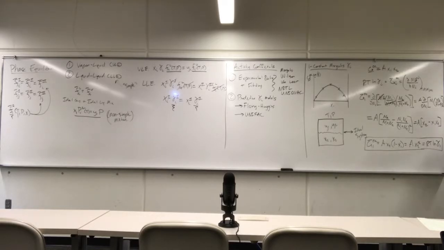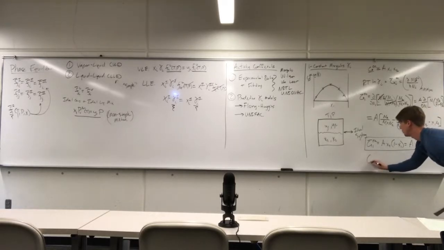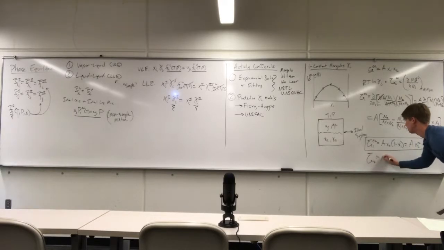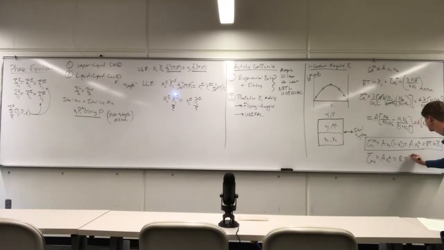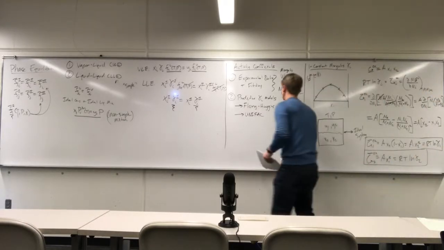And likewise, we can do exactly the same thing, but for component 2, everything is just mirrored. X1 squared. The simplest activity coefficient model.